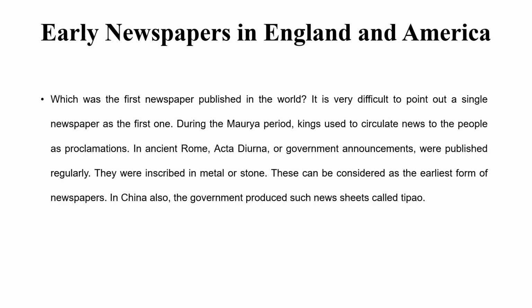In ancient Rome, acta diurna or government announcements were published regularly. They were inscribed on metal or stone cubes, and these were placed at public places. These can be considered as the earliest forms of newspaper. In China also, the government produced such news sheets which they called tipayo.